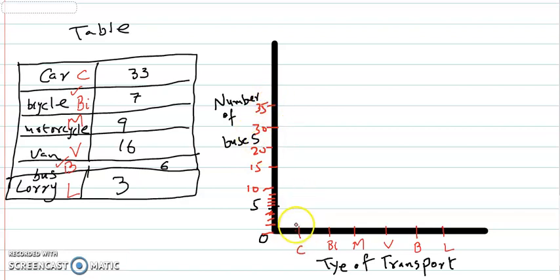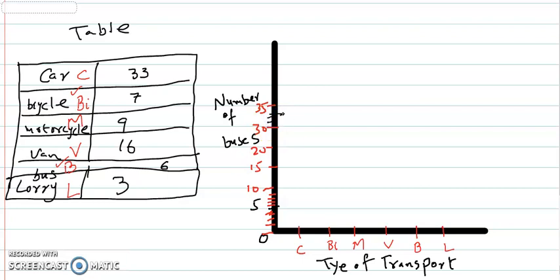Now to draw the bar chart, the one bar for the cars, which I give the symbol C, the total number of the cars are 33. It means I will draw here a bar whose height is equal to 33. So 33 will be approximately here, I can say this is 31, 32 and 33.